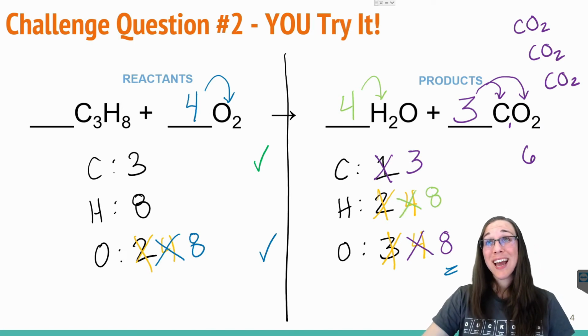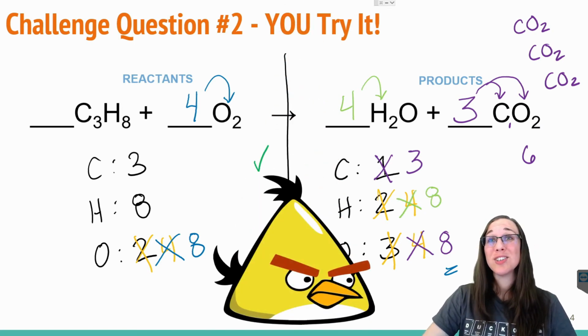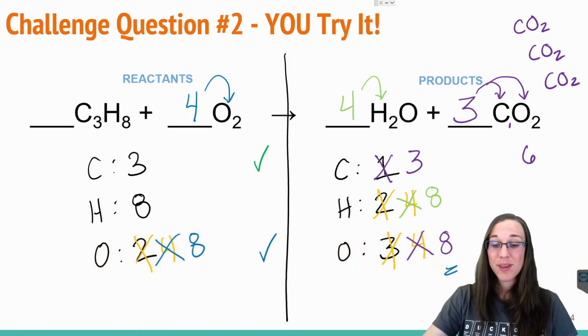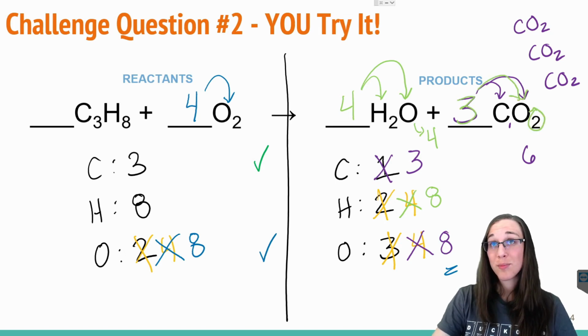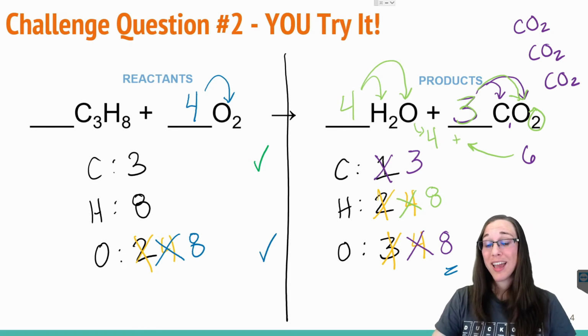However, when I just did that, I just messed with our oxygen value again, because 4 is also going to distribute to that oxygen. So now I have 4 oxygens from here, plus the 3 times the 2 oxygens from here. So I need to add my 6 and my 4 together to now give me 10 oxygens present.